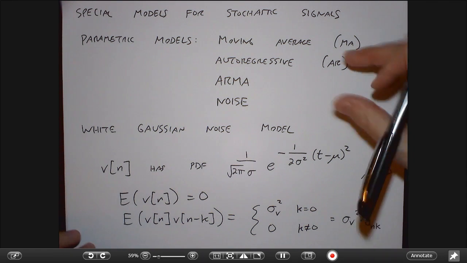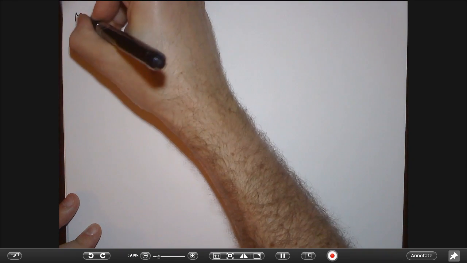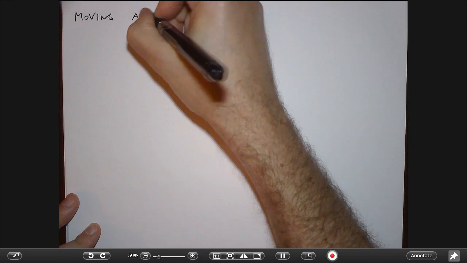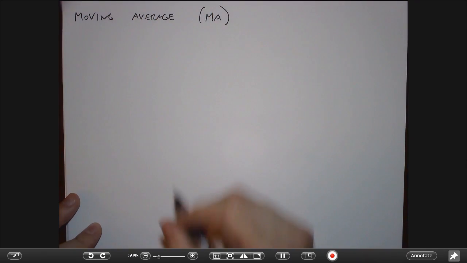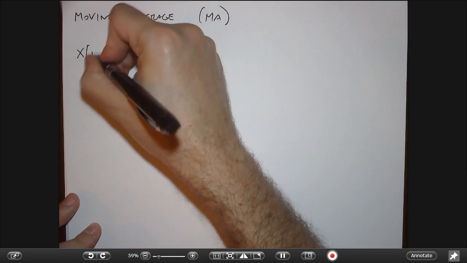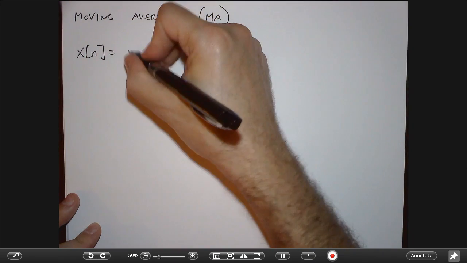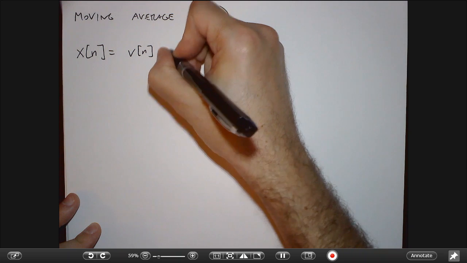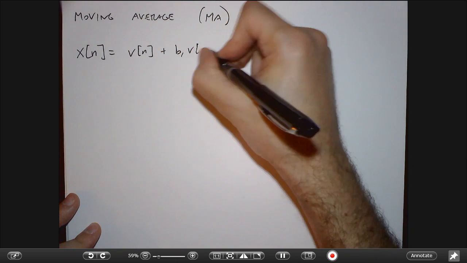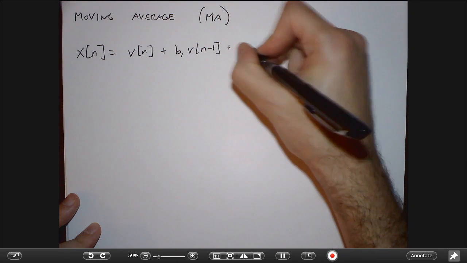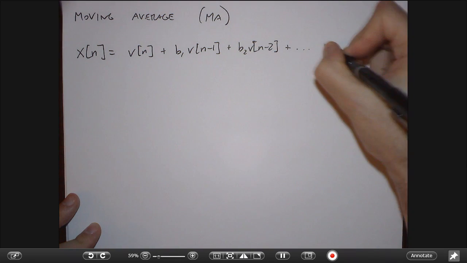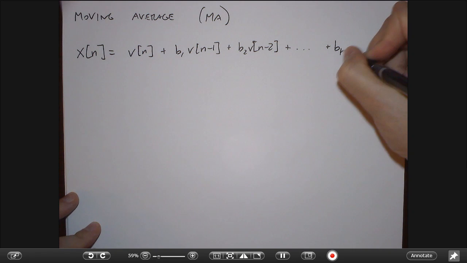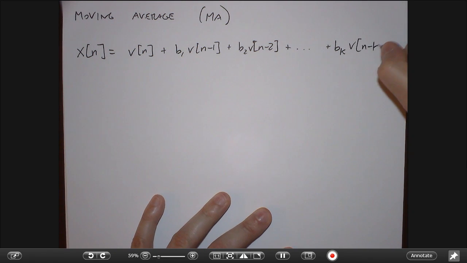Okay, so let's talk about these signal models. So the moving average model, often called MA, basically says that the signal is generated by a linear combination of noise values, b_k v(n minus k), right?